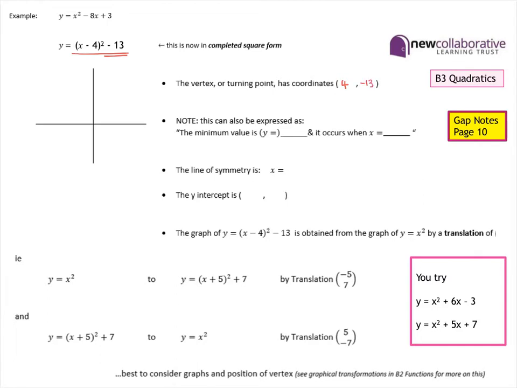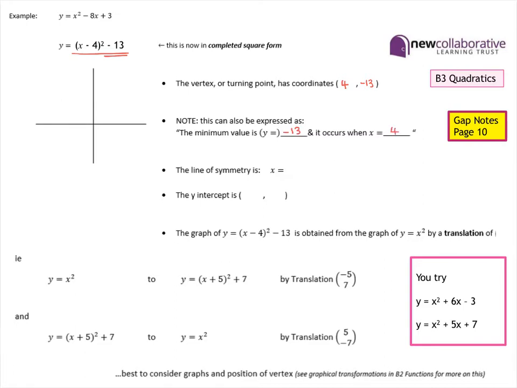So we can see straight away that this function has got a vertex of 4, -13. Another way that that might be expressed is to say that the minimum value of the function is -13, and this occurs when x is equal to 4.